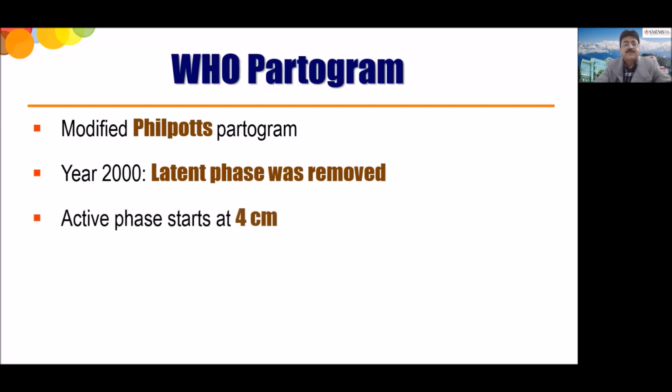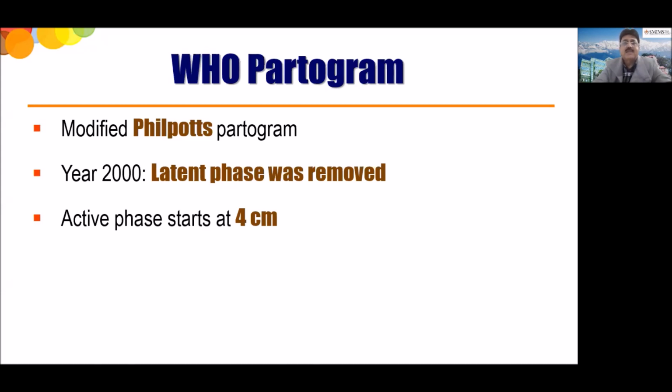Active phase, instead of 3 centimeters, started at 4 centimeters. Of course, there is an entire new thinking which says that the active phase starts at 6 centimeters. You must have heard lectures that 6 centimeters is the new active phase, or the new 4 centimeters. But I want to clarify right away that it is not yet accepted by WHO.